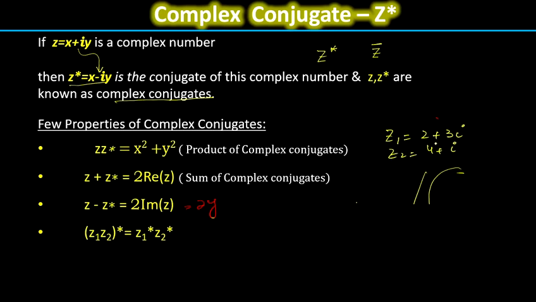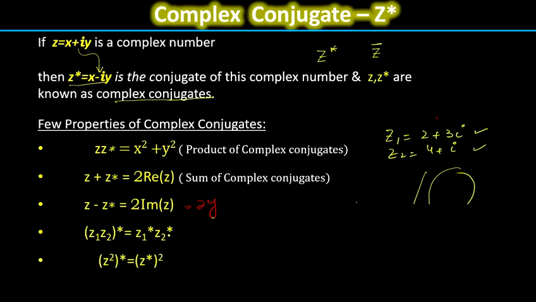Now multiply these two and find the conjugate. Then first find the conjugates, then multiply, and you see both the results are equal. Learn these properties, make a summary of these points. You must be having a notebook with you. Write down these features, these properties of complex conjugates.